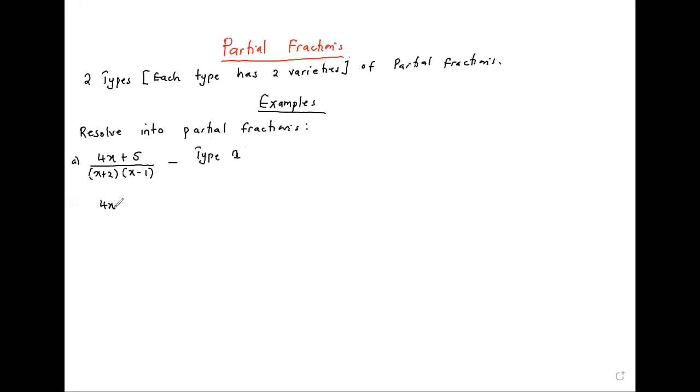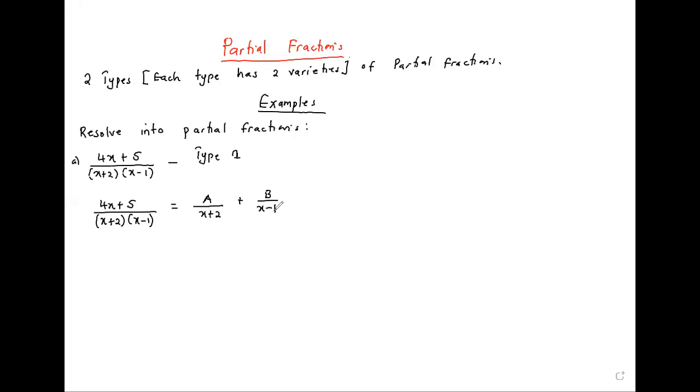So if I have 4x plus 5, and the denominators have powers of x equal to 1, then you just need variables and then pick the denominator factors each at a time. So a over x plus 2, b over x minus 1.